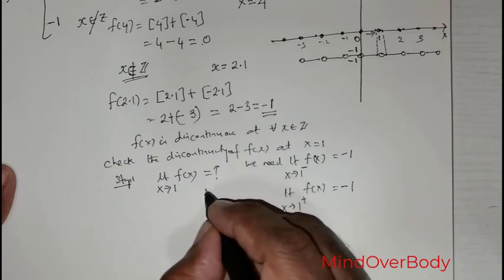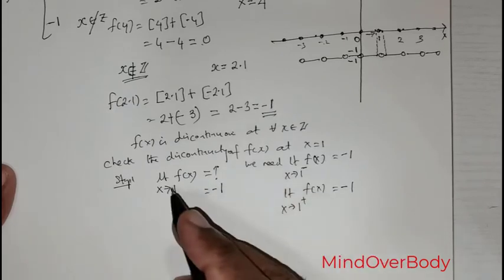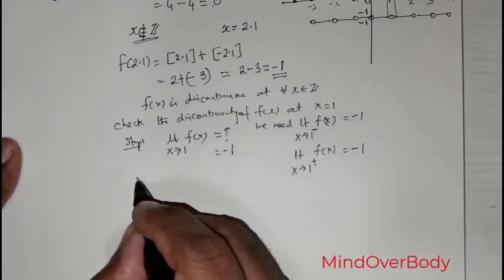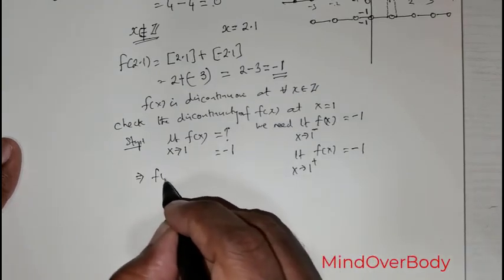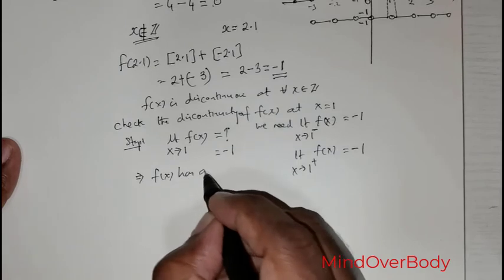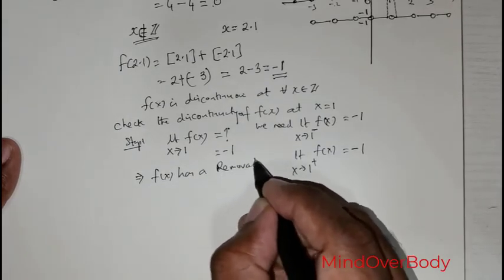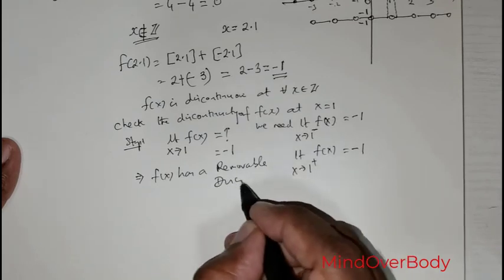So let me just place negative 1 there. So that means the limit exists. So this would mean f of x has a removable discontinuity.